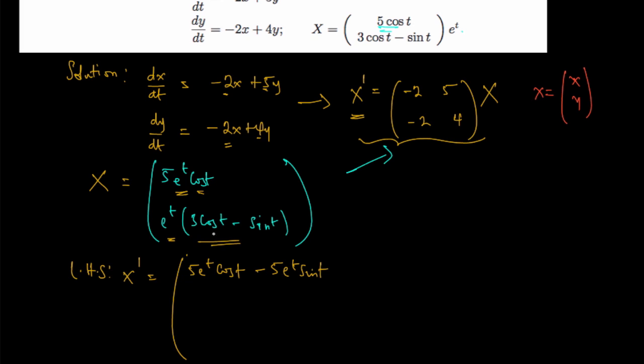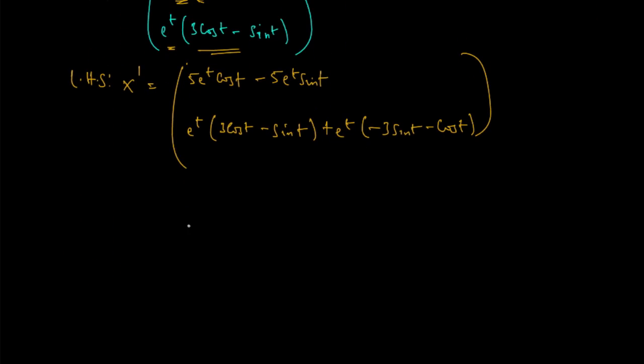We find the derivative of the next row, and then we have e^t times (3 cos t minus sin t), then plus e^t times (minus 3 sin t minus cos t). So that's the derivative of these two terms that are multiplying themselves.